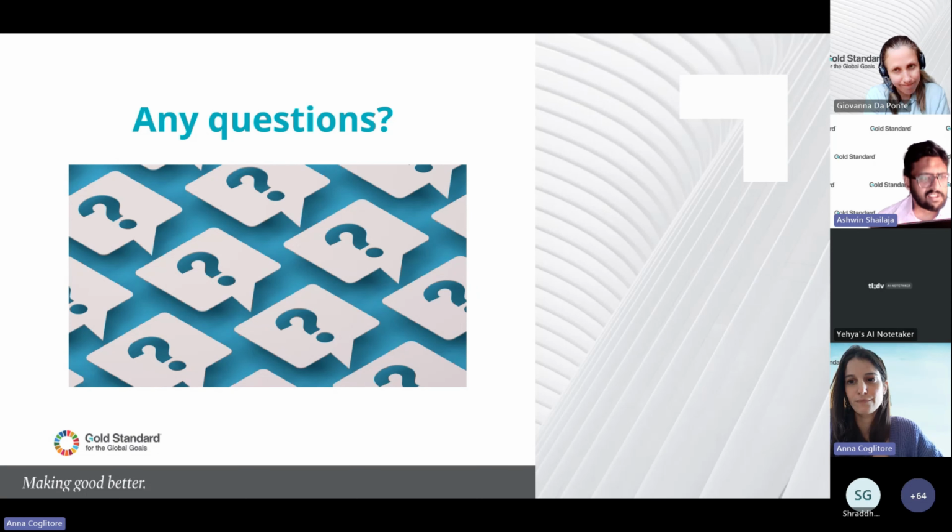And in case there are any project developers or methodology developers who are interested in developing a methodology or a quantification approach for seagrass, they are welcome to make a proposal to Gold Standard. The process of developing a methodology is given on Gold Standard's website under the methodology tab. One may please explore the process there.